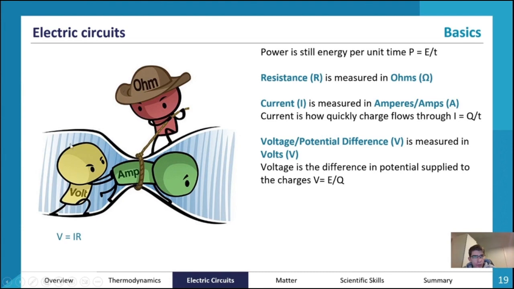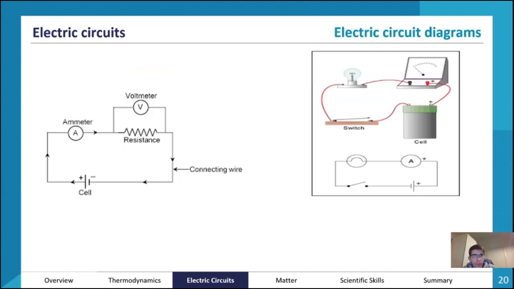So again, volts is the energy, current is how many are going through a certain point, the rate, and the resistance is reducing the rate of the flow of electrons. Now, there are different electric circuit diagrams.